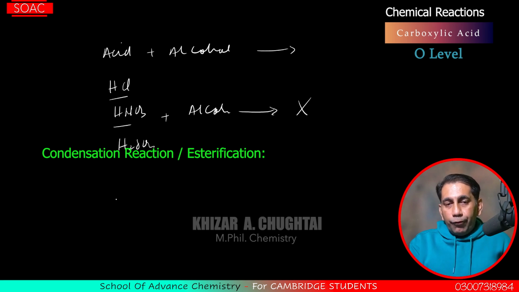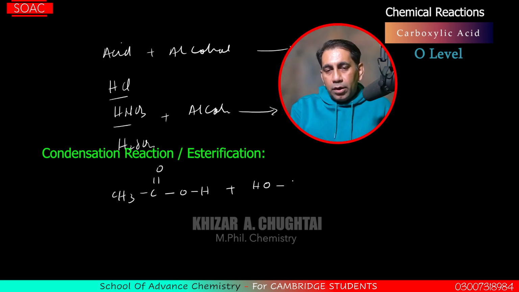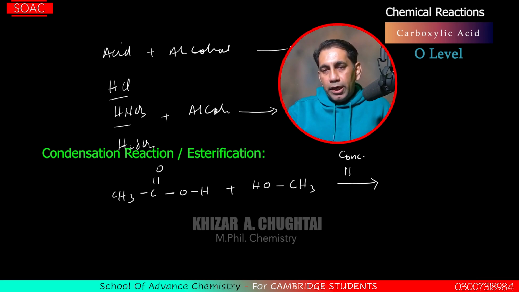But if you are going to use any carboxylic acid, again I'm using this vinegar, ethanoic acid, with alcohol, for example, methanol, the 1 carbon alcohol, the conditions are that we are using concentrated H2SO4 plus we are going to heat the reaction mixture.